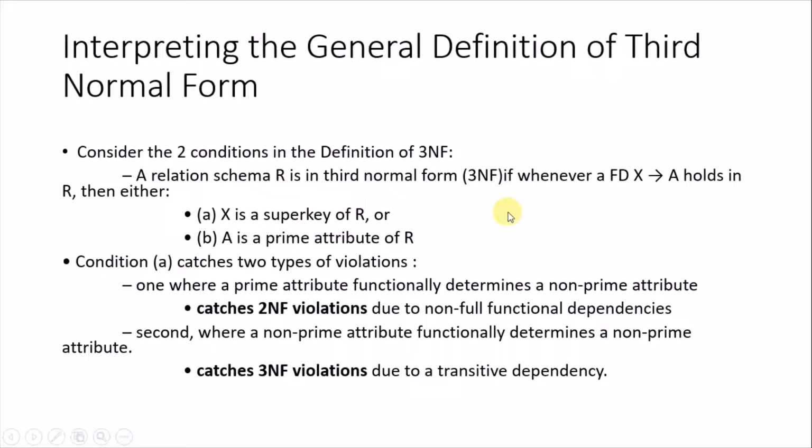The first one is where a prime attribute functionally determines a non-prime attribute, because we have X as a super key and A as a prime attribute. It catches 2NF violations due to non-full functional dependencies.